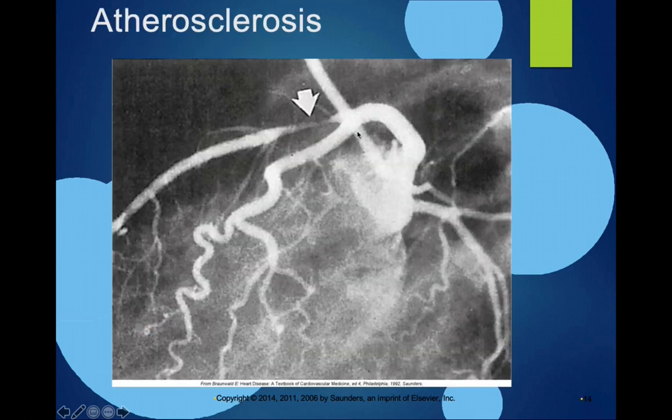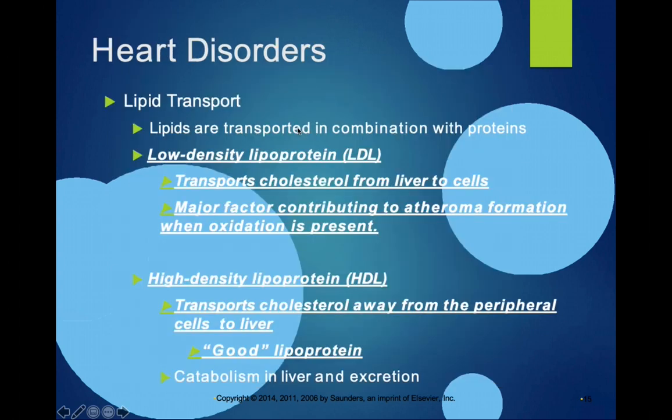Right here, we see that this is an angiogram, and you can see that this coronary artery is nice and open. But right here, it's open, and then you see something blocking this artery. So this is where they would need to put a stent in there to open that up.